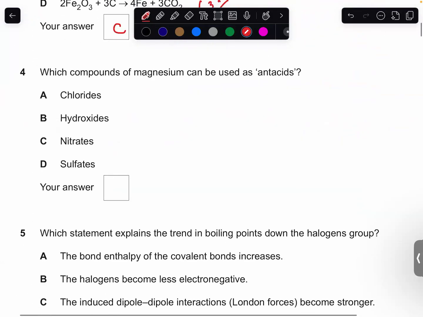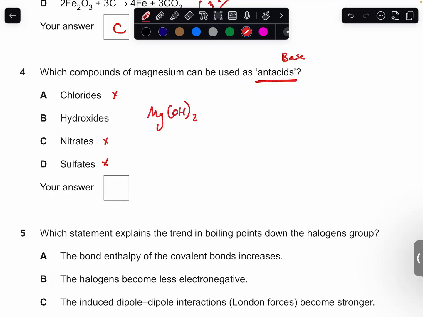Which compounds of magnesium can be used as antacids? Antacids need to act as a base because they accept H+, thus neutralizing the acid. Chlorides are salts, nitrates are salts, sulfates are salts. What you've got here is magnesium hydroxide, which isn't very soluble in water.